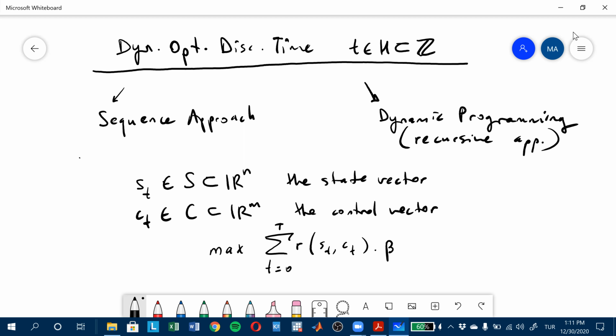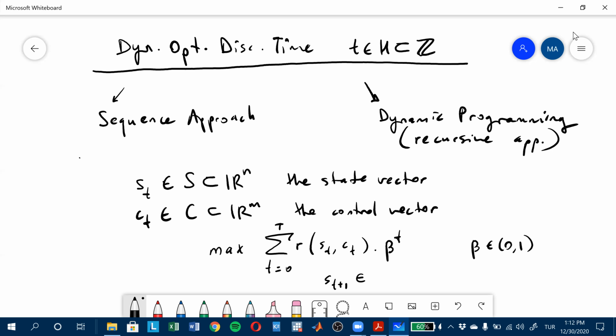Then there will be a discounting term where beta will be between 0 and 1. And of course, you're going to have some relationship that describes the evolution of the state vector.